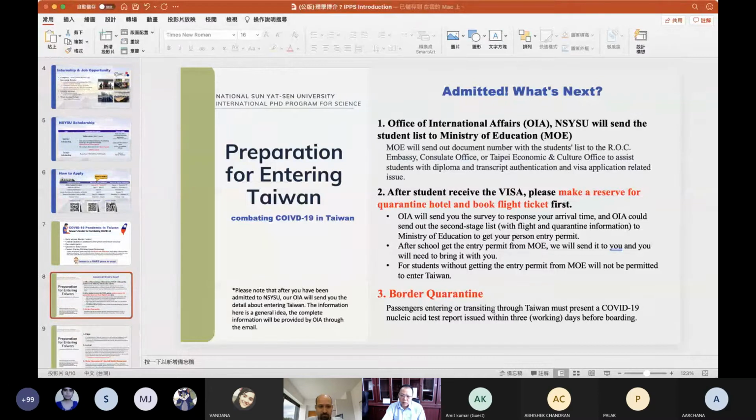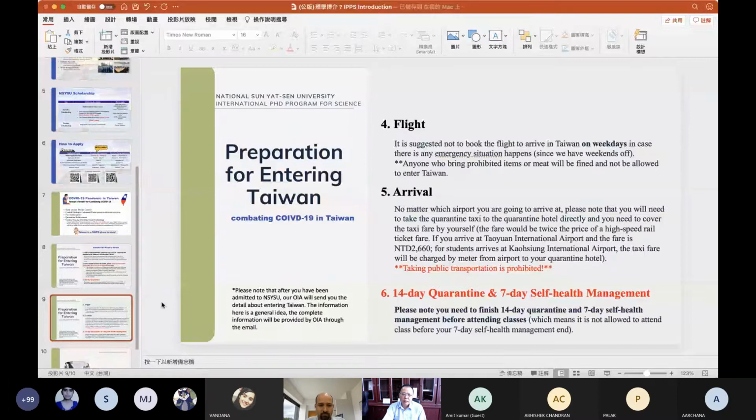About border quarantine, you need to submit the nucleic acid test report issued within 3 working days before you board the flight. After you arrive, you need to take a taxi. You cannot take public transportation.